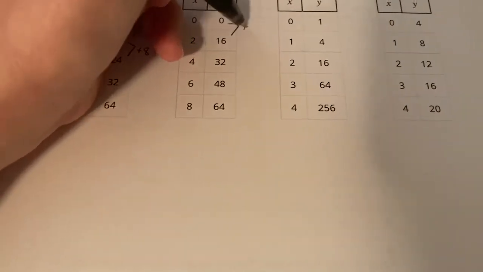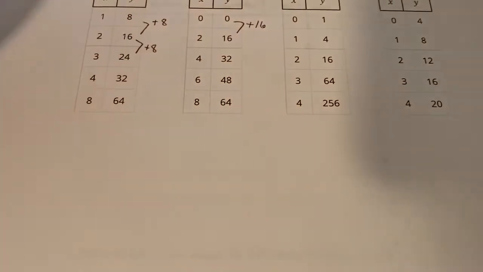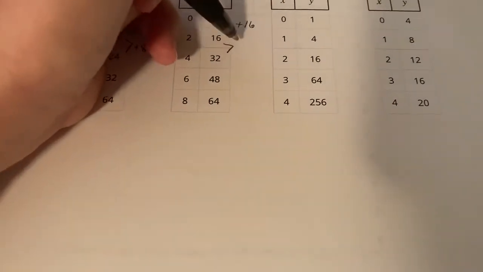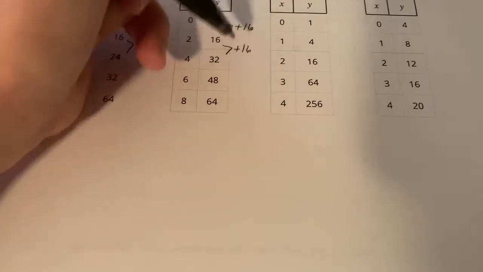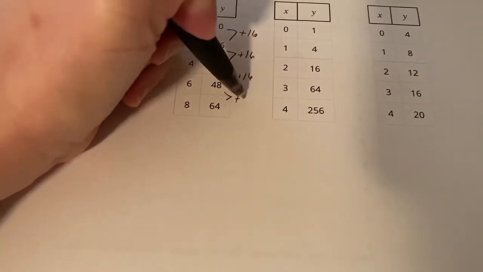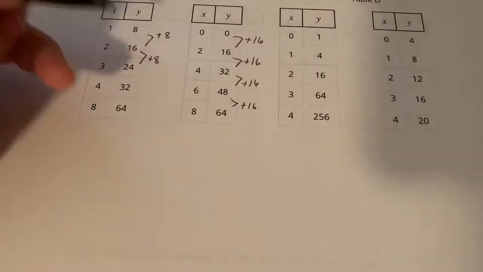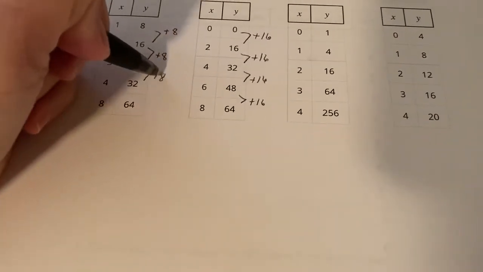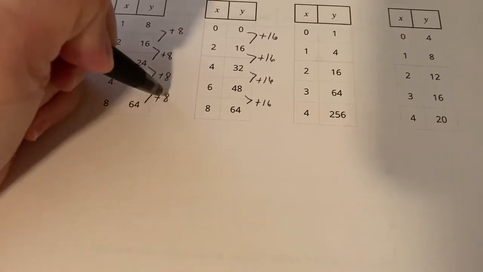This one, to go from 0 to 16, you would add 16. To go from 16 to 32, you would add 16. And you can keep doing that for each of these. You can also keep going with plus 8 for these.